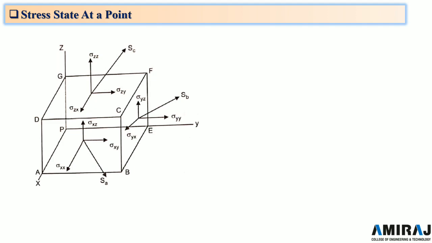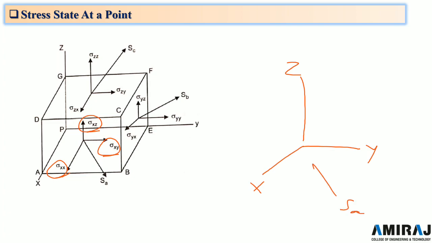The stress vector SA acting on the face ABCD is divided into three parts. The three components are denoted by sigma xx, sigma xy and sigma xz. As we can see individually, for x, y and z, as SA is acting over here, first it will be sigma xy, for this plane it will be sigma xz, and for this plane it will be sigma xx.